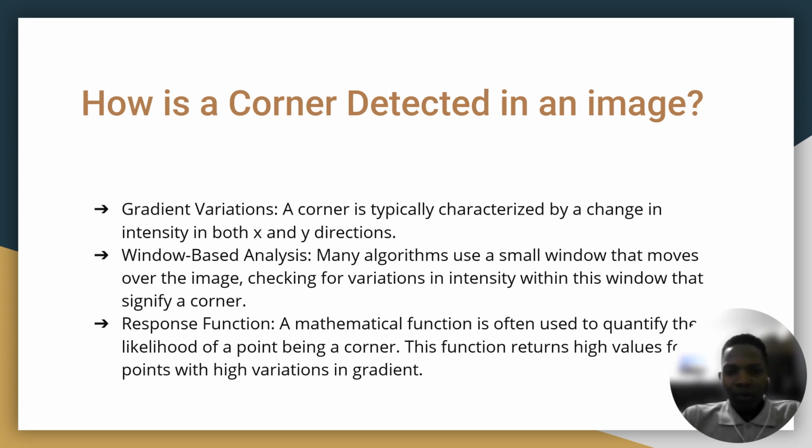And then last but not least, we can use a response function, which is a mathematical function that can be used to quantify the likelihood of a point being a corner, because not every point in an image is a corner, but we can use a mathematical function that can quantify this likelihood. And this function returns a high value for points with high variations in gradients.